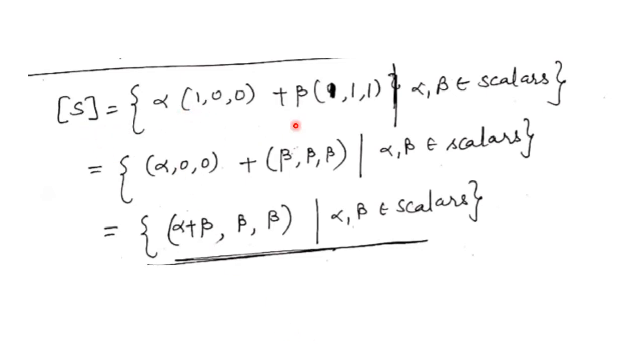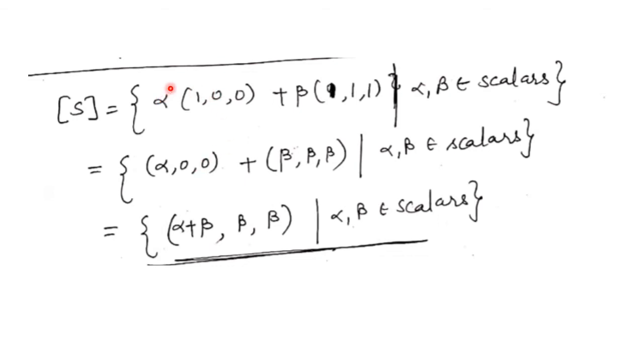So now we have to find the span of this set S. You take the linear combination of u1 and u2, that means alpha times u1 plus beta times u2, where alpha and beta are scalars, meaning real numbers. So now you can take alpha inside and multiply alpha with each coordinate. So alpha into 1 is alpha, alpha into 0 is 0, alpha into 0 is 0.